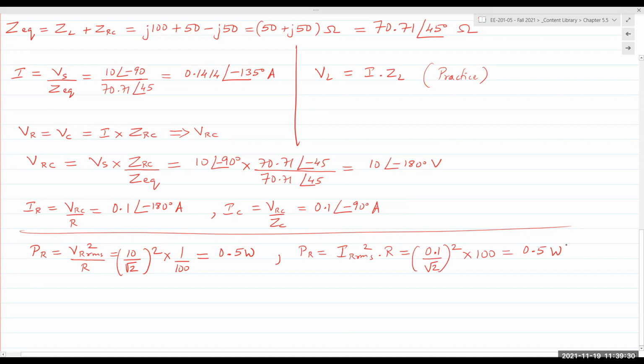So IR peak value 0.1, RMS value is 0.1 divided by root 2. So IR RMS square times R 100, it gives me 0.5. You do V square over R, you still get 0.5. So just a way of showing, doesn't matter which tool you use, your answer should be the same.